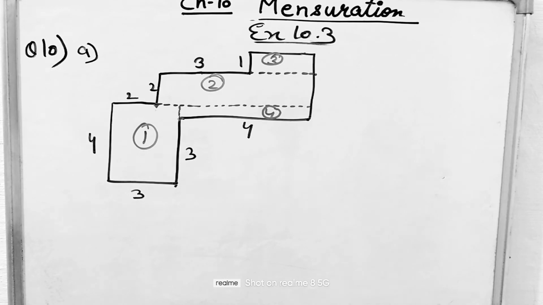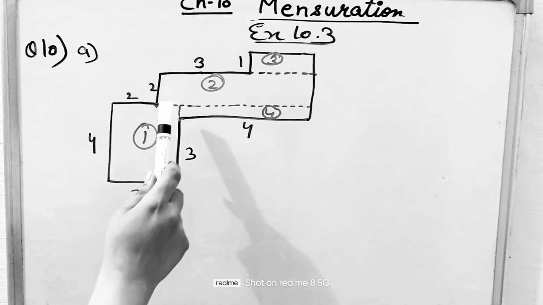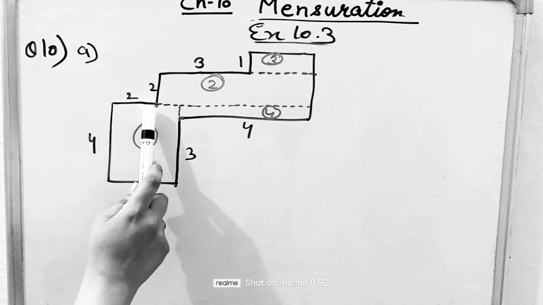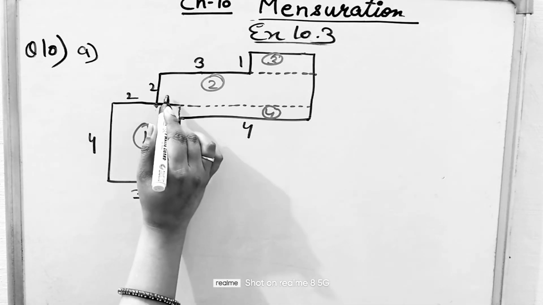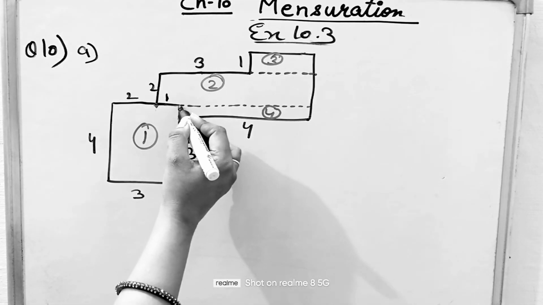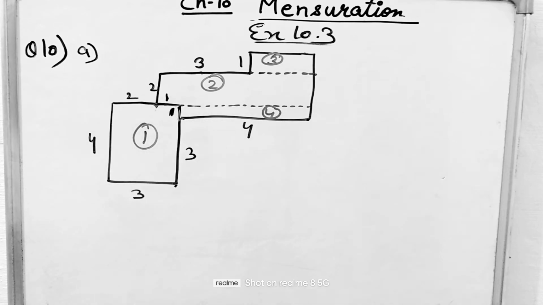Let's see the first rectangle. Length is 4 and width is 3. Now don't get confused with this, because if this is 3, and this is given 2, so this one is 1. This is 1. And this much is 3 and this one becomes 1. Right?